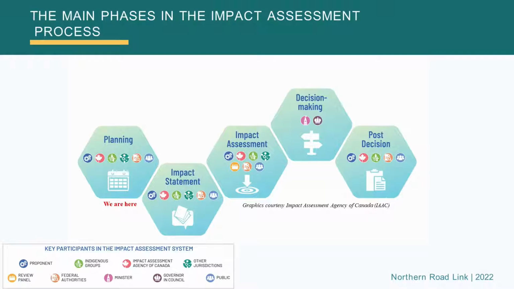Then the third phase is called the impact assessment phase, where that impact statement generated in phase 2 is essentially analyzed and synthesized to develop the impact assessment, which then goes to the decision-making phase, phase 4, where the minister or governor in council will render a decision based on the impact assessment that they have reviewed.